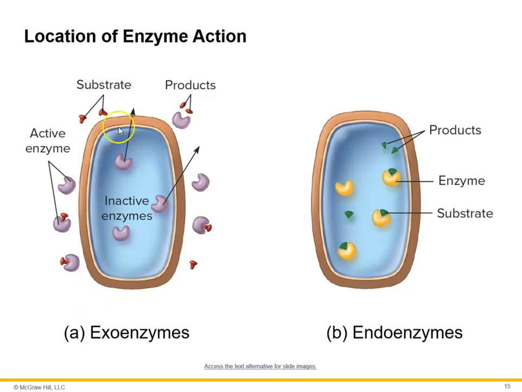This is just showing you exoenzymes. You can see the enzymes are inactive when they are intracellular, but as soon as they're secreted, they are active and they can interact with the substrate to form products. Most enzymes are endoenzymes and they are active inside of the cell.